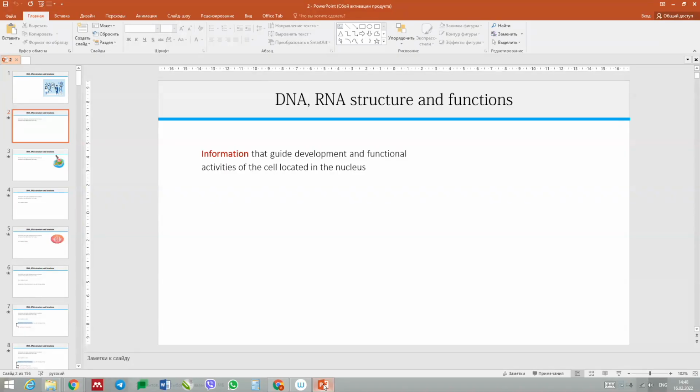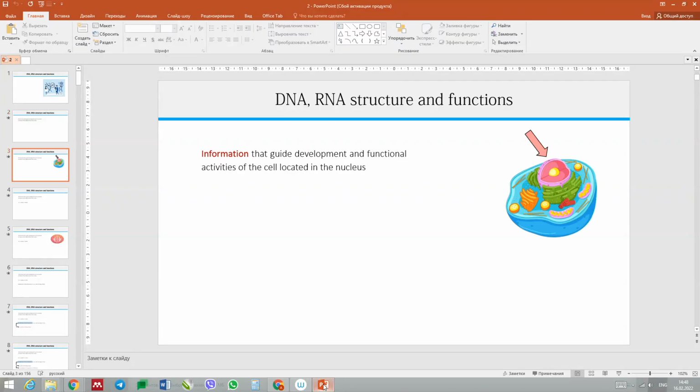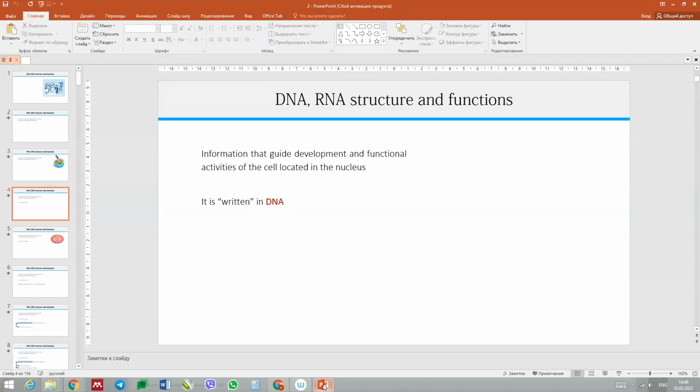Information that guides development and functional activity of the cell is located in the nucleus. And here you can see a beautiful image of the cell with a nice big organelle inside, and this is the nucleus. Information is written inside of the DNA with the help of the so-called genetic code that we will discuss later.